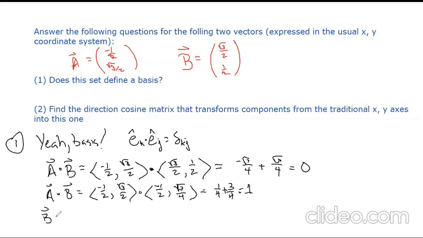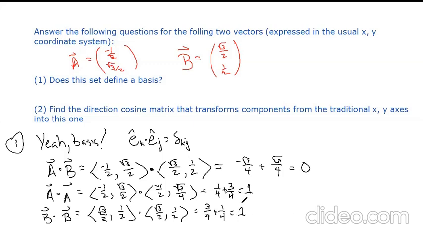And when I dot B with B, oops, that's A with A. I also get 3/4 plus 1/4. So yeah, it's a basis.